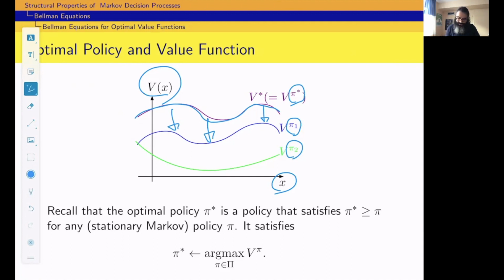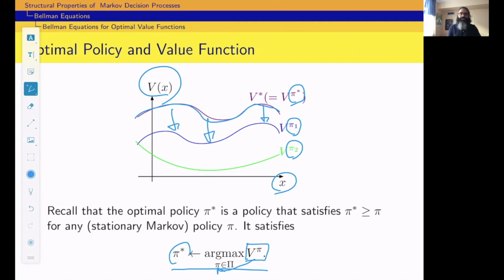So essentially, the optimal value function is the value of v pi when we search in the space of all policies and find the one that is maximizing.